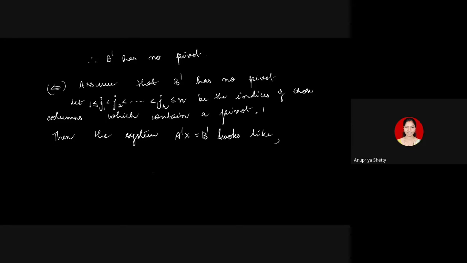What I'll do is, let capital J denote the set containing the numbers J1, J2 up to JR. The column indices which have a pivot, I have taken them inside the set J. You'll see why the notation. Now I have to write down the system A dash x equal to B dash.